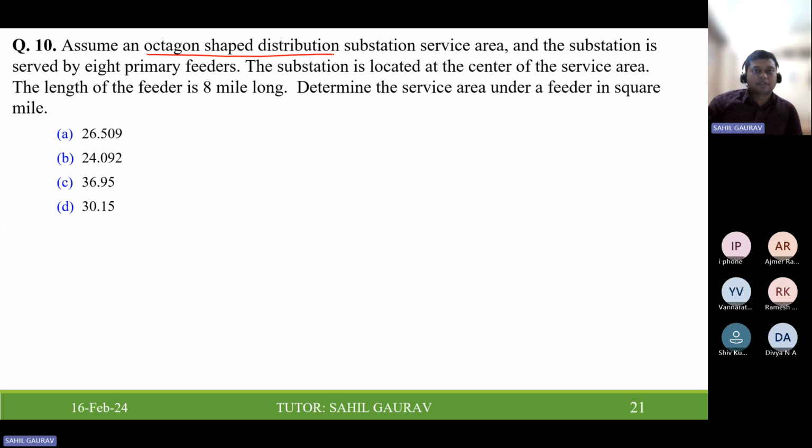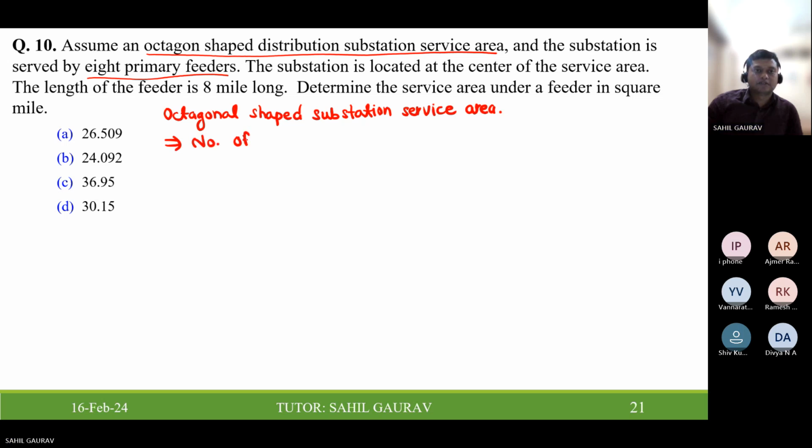Octagonal shaped means the number of primary feeders is 8.